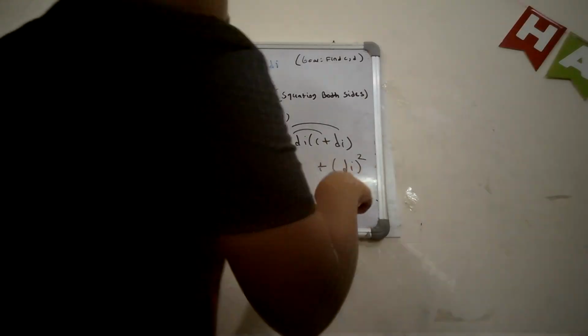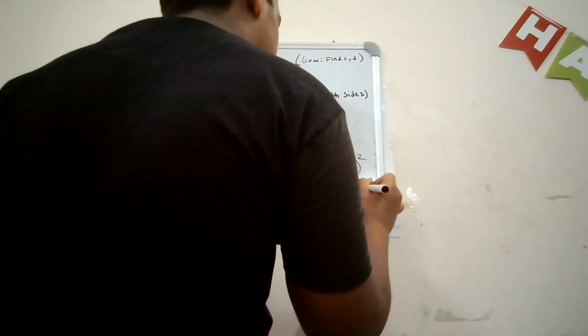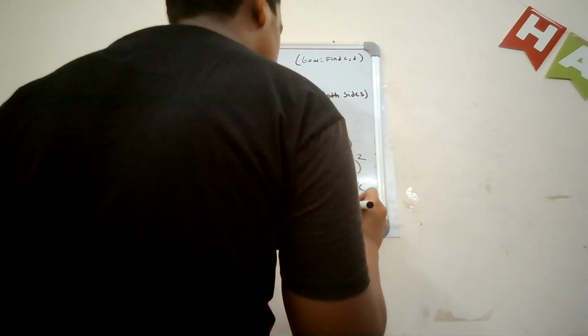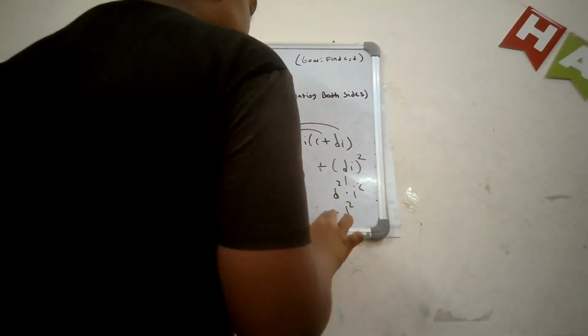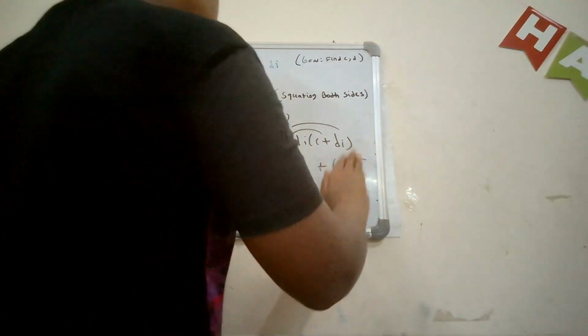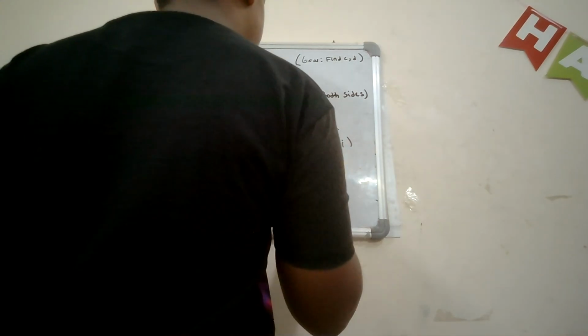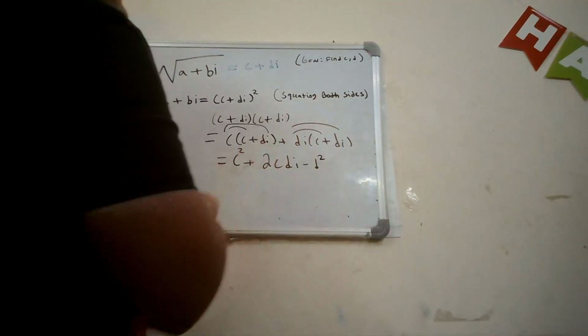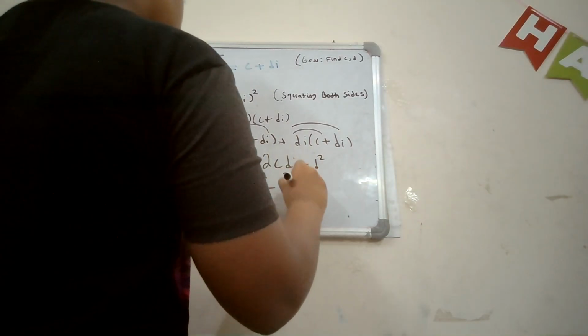Actually, look, this will just be d squared into i squared, which is negative 1 into d squared, because i squared is negative 1. So this should just be negative d squared.